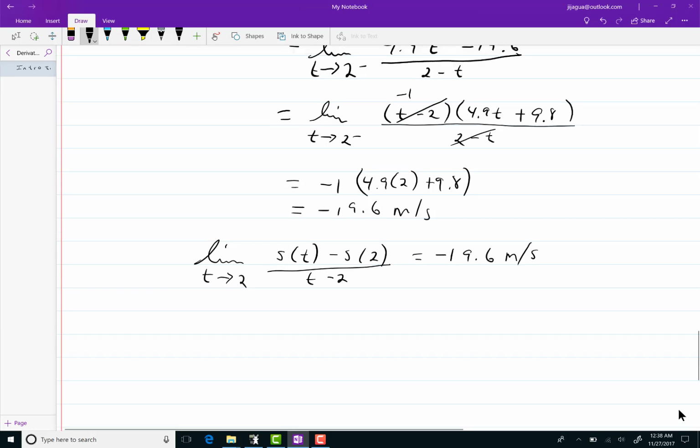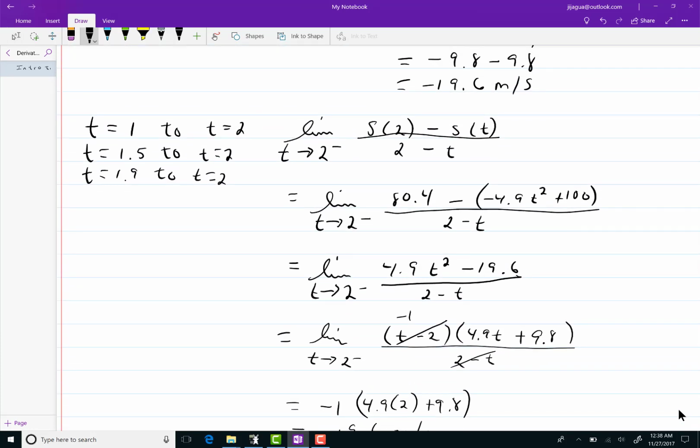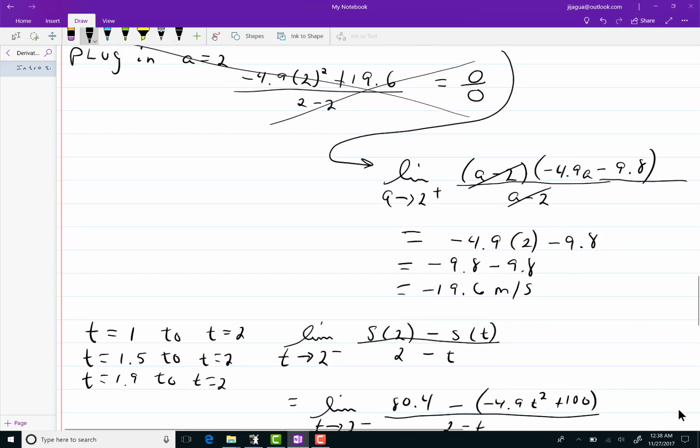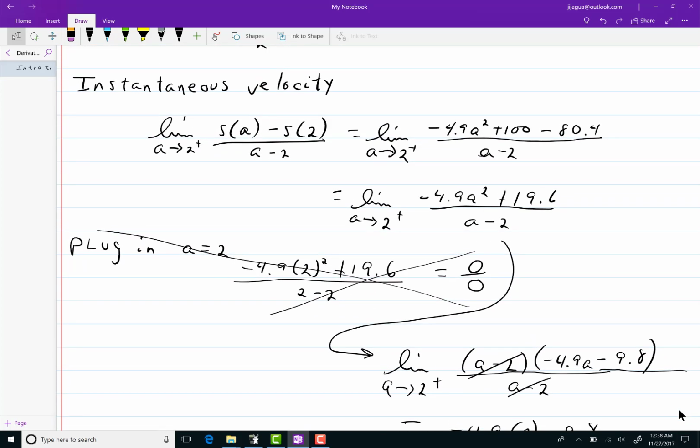If you look back here, I had s of 2 minus s of t, like if t was below 2, but this was switched in the numerator, and the denominator was also switched. If you look up here to the previous problem, I had a first, 2 second, a first, 2 second.